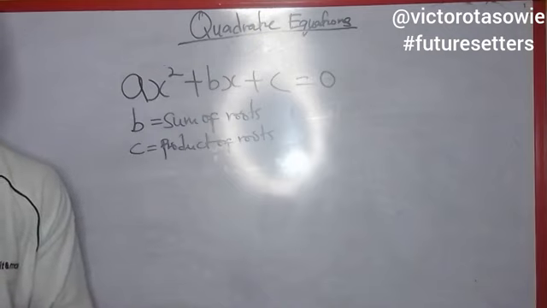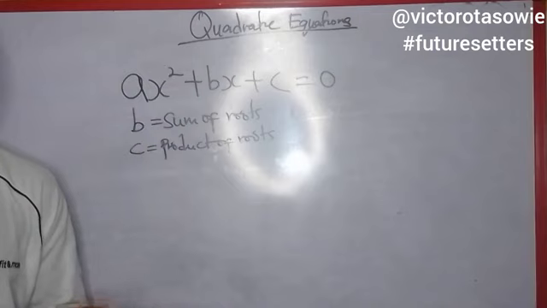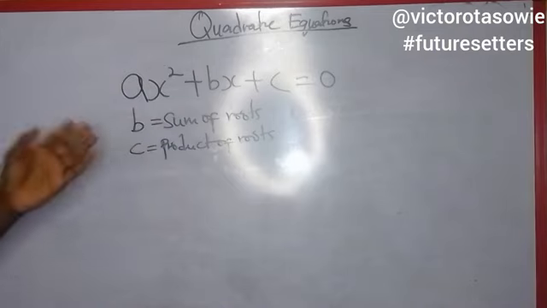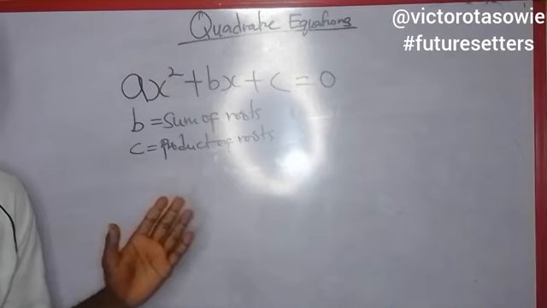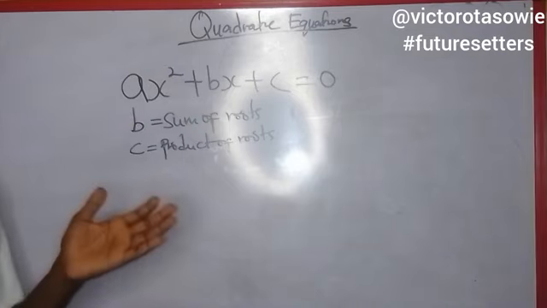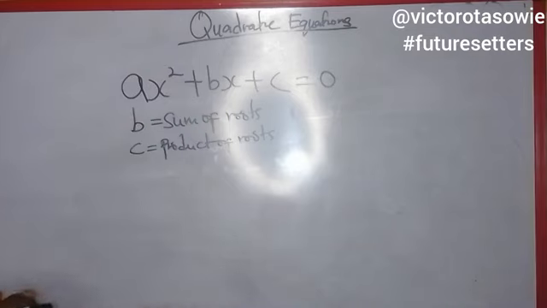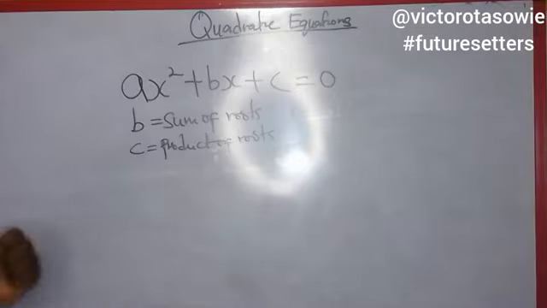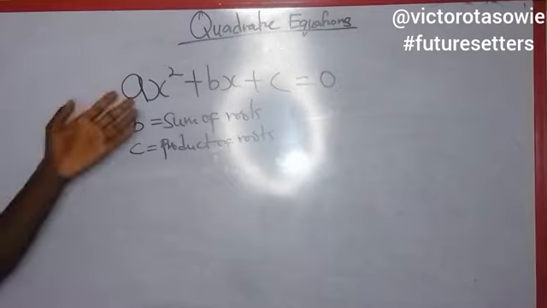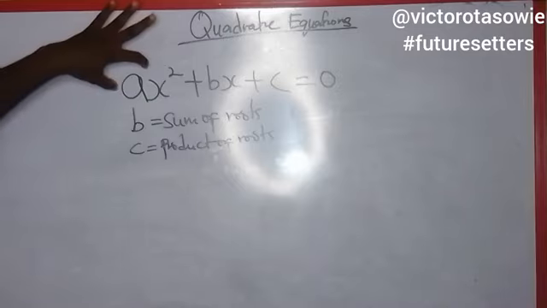Then also take note that there are so many ways to solve a quadratic equation, but today I will only analyze this method just to give you an easy way to solve quadratic equations. Later on, we can go into the various formulas, and there are so many of them. There's even one they call the almighty formula. Now, like I said, a is just the number that could be here.